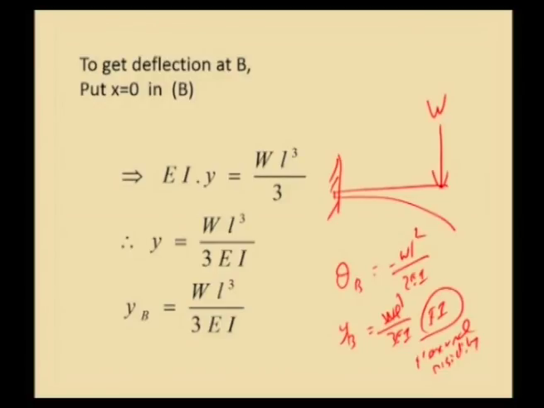A similar term we have is A E. A E is also a flexural rigidity, but that is applicable in case of axially loaded members. In case of flexural members, E I is the flexural rigidity.